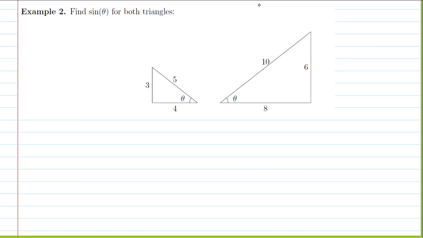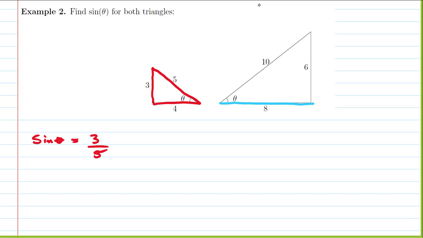So for our small triangle, this guy right here, we're going to have that the sine of theta is going to be equal to opposite over hypotenuse, so 3 over 5.